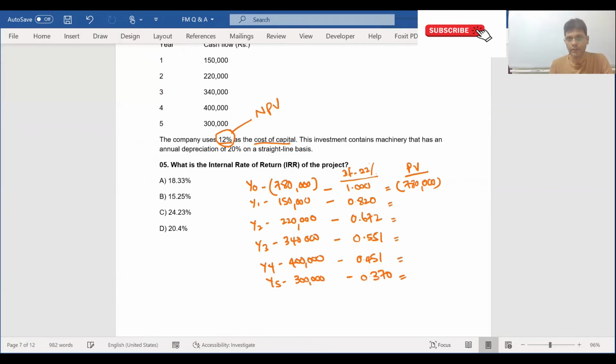Now we'll take the values here. How do you take the present value? 150,000 times 0.820 will be how much? That will be 122,951. Then 222,000 times 0.672 will be 147,810.